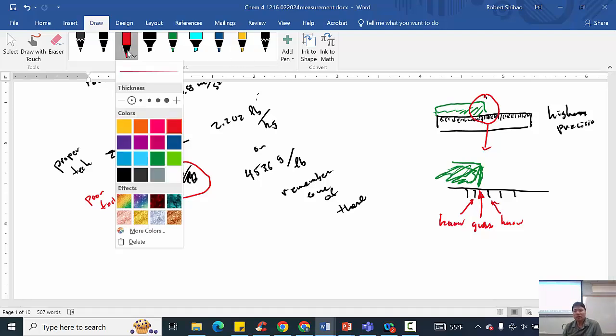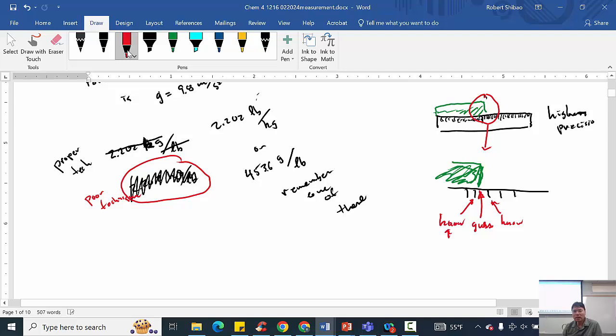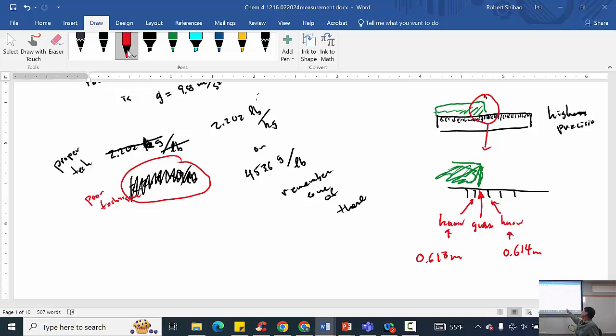So let's say we know this one, 0.61. Let me go with millimeters here, 0.613 meters. And then I know this one here, this is going to be 0.614 meters. And so I'm going to say that this is in between 0.613 and 0.614. Where would you guess that one is?